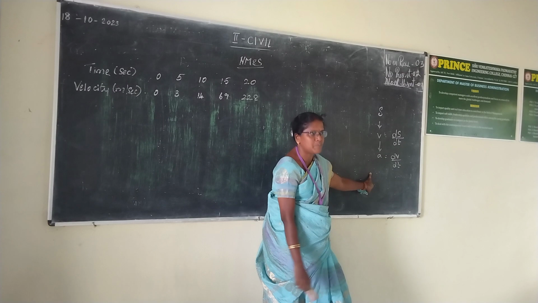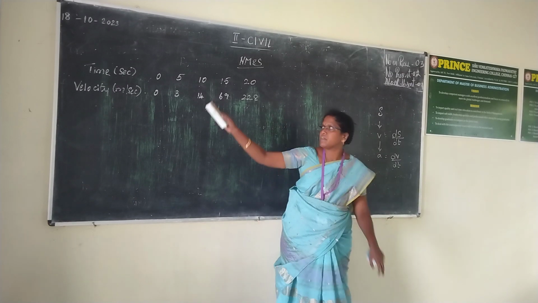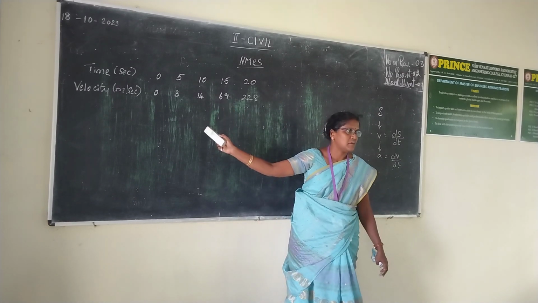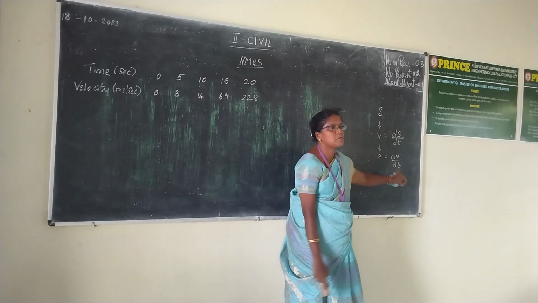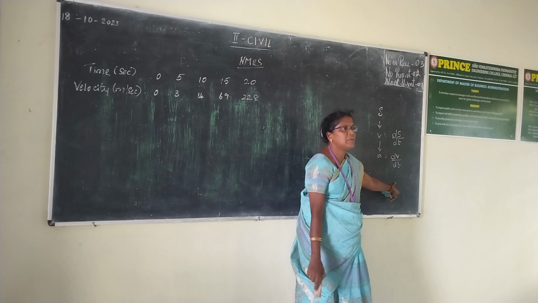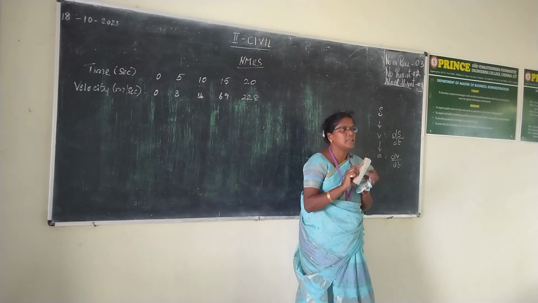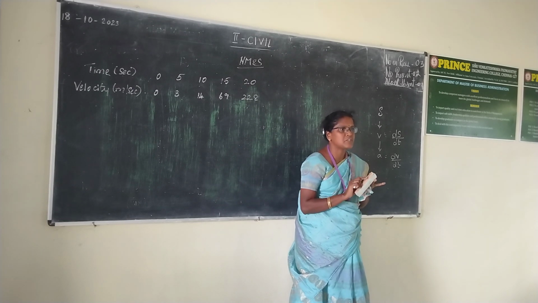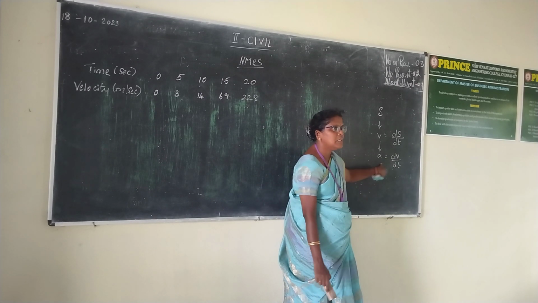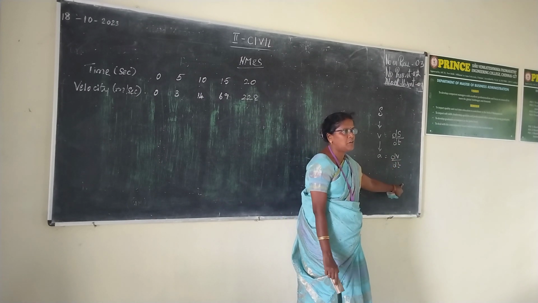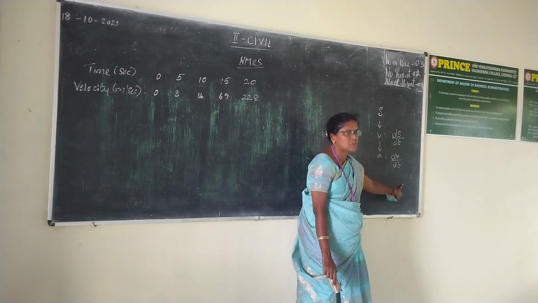Here time and velocity are given. You know the velocity, and you have to find acceleration. So what are you supposed to find? dv by dt. You understand, they have given the velocity, and from it you have to find the acceleration. You have to find the corresponding differentiation value.